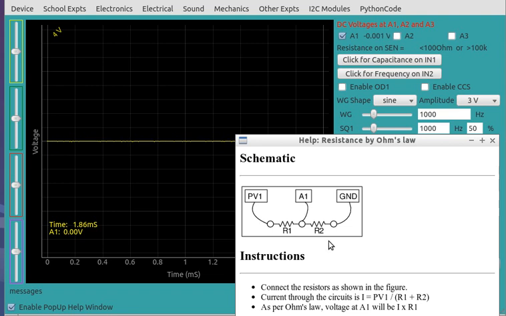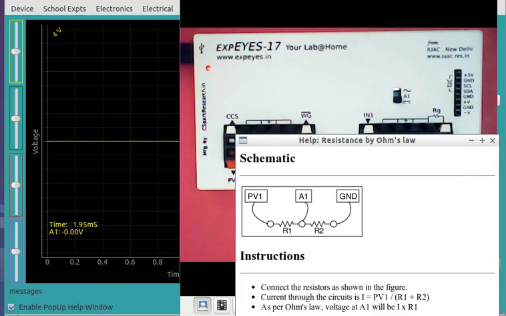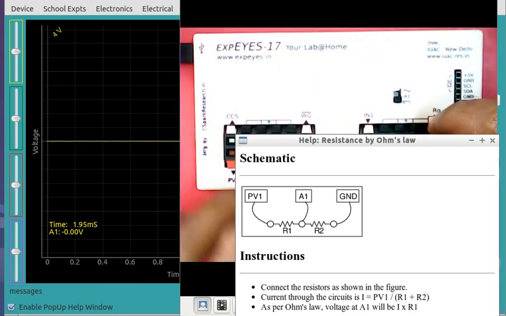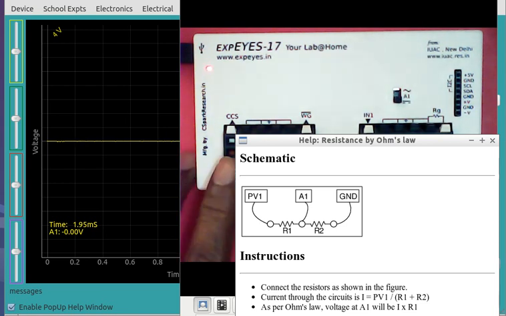So let us make these connections. R2 will be 1K and R1 we will use some other value. What we are going to do is, from ground to A1 is our 1K, and now we need another connection from PV1.